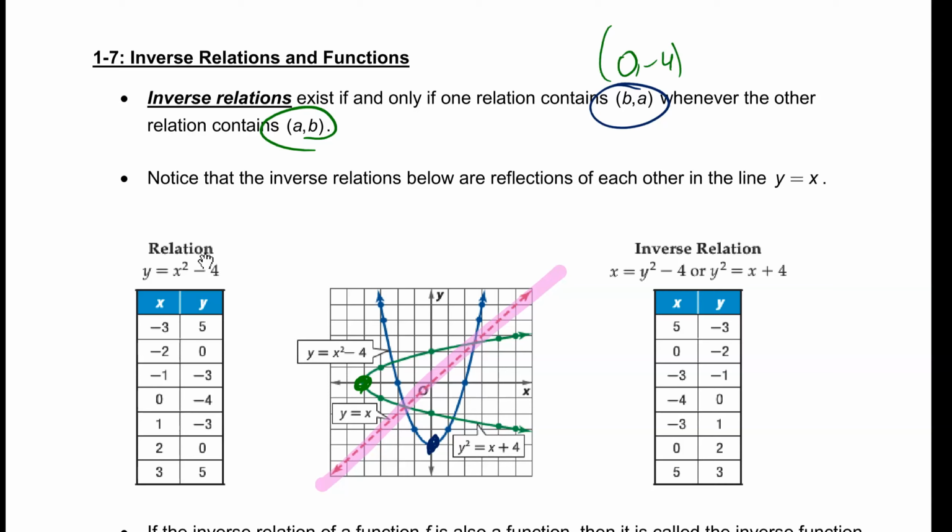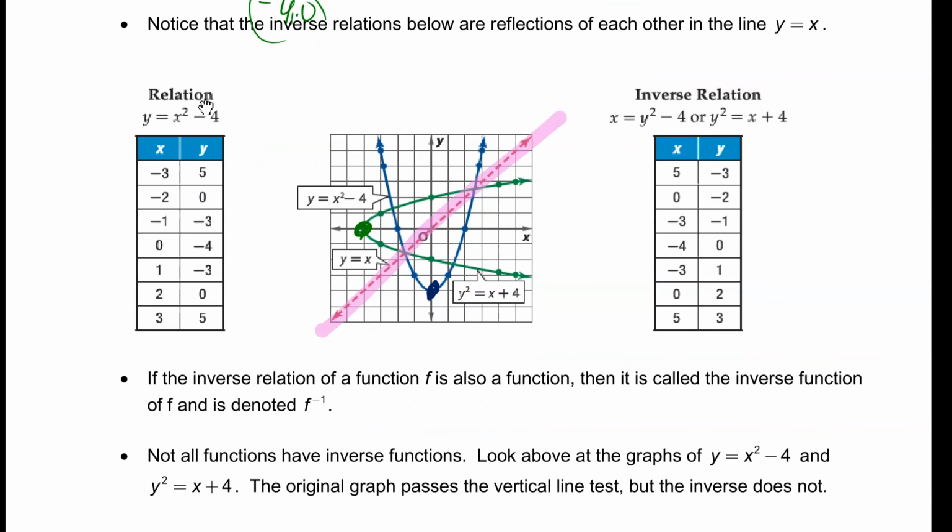That means the other one should have a point negative 4 comma 0, which it does. Then they won't be inverse relations otherwise. So two relations are inverse only if they have the exact same x's and y's, except all of the x's of the first are now the new y's of the second. You're flipping the domain and ranges of your functions.